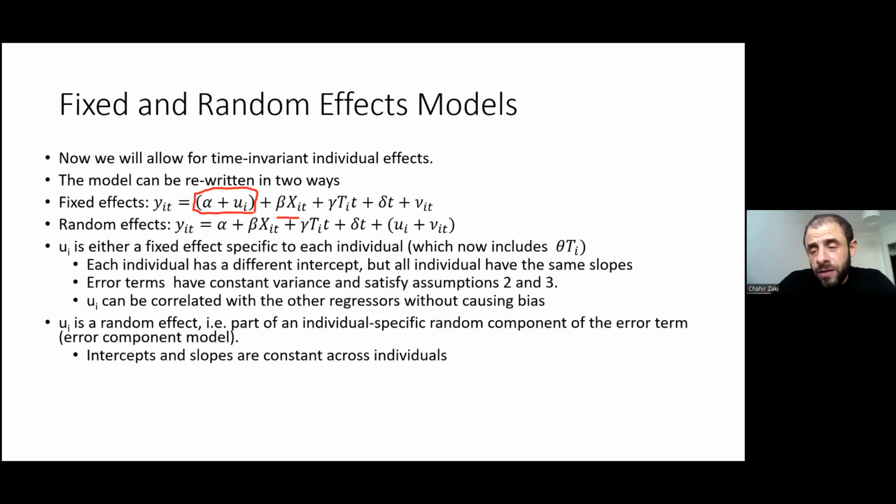So it's not part of the error term. If it's not part of the error term, this means that the error term does not include information that might be correlated with the explanatory variable. And the worst case that we can have if this u_i is correlated with x_it is a multicollinearity in this case, because it will be considered as a variable.